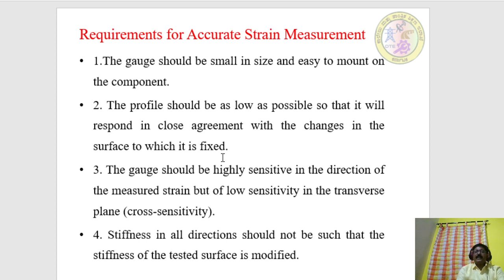The gauge should be highly sensitive to deflection of the measured strain, with low sensitivity in the transverse plane, that is, low cross sensitivity. And stiffness in all directions should not be such that the stiffness of the tested surface is modified.